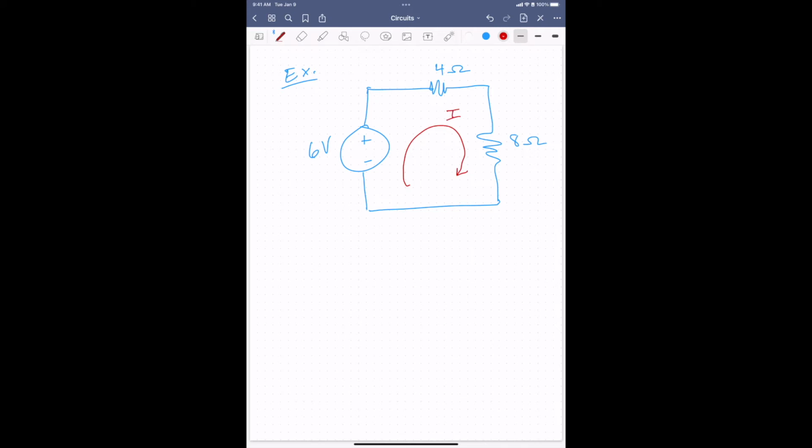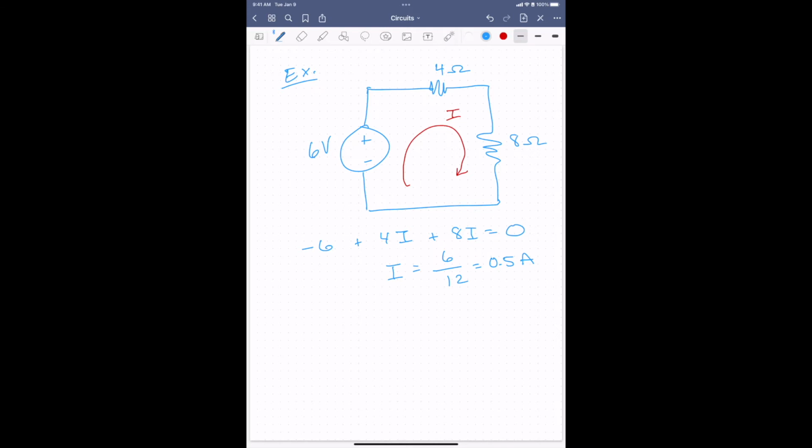First I define a current going through that loop, starting at the lower left-hand corner, going around clockwise, as is my habit. Now we can write the equation minus 6 volts plus 4 times I plus 8 times I is equal to 0. Solve for I. We get I is equal to 6 over 12, which is 1/2 an amp.